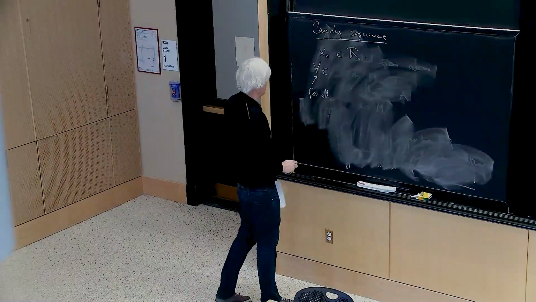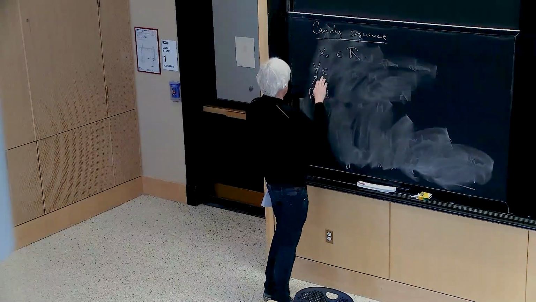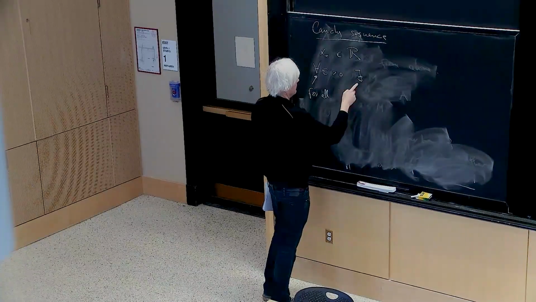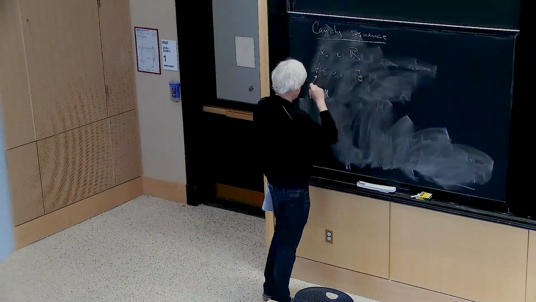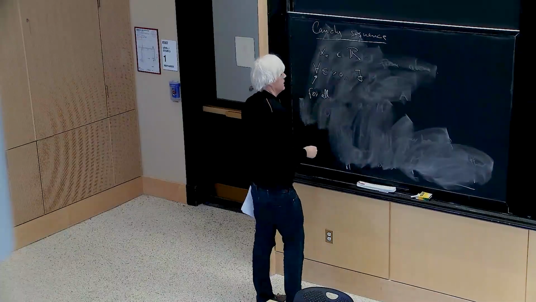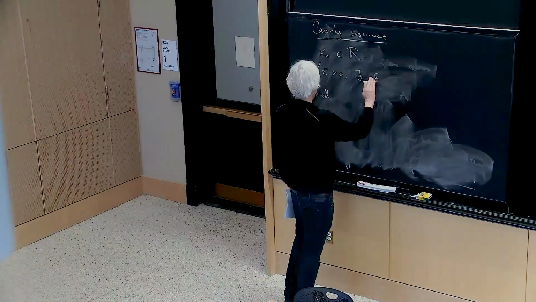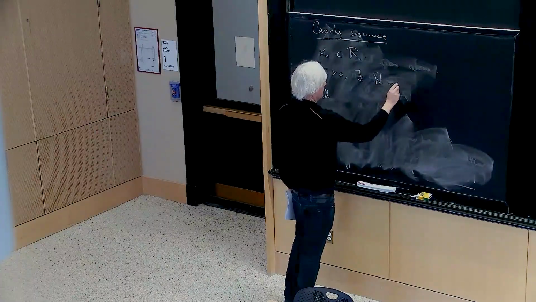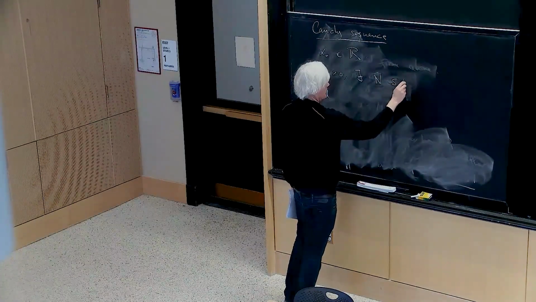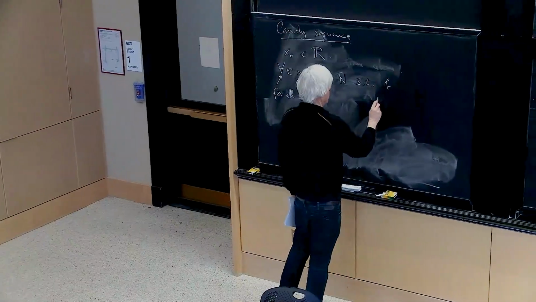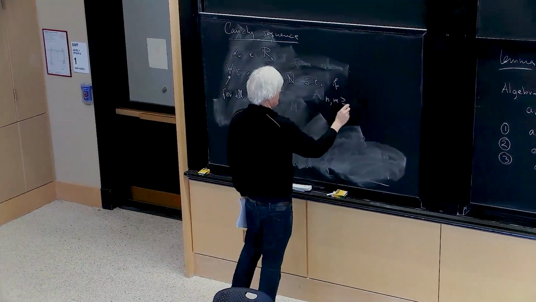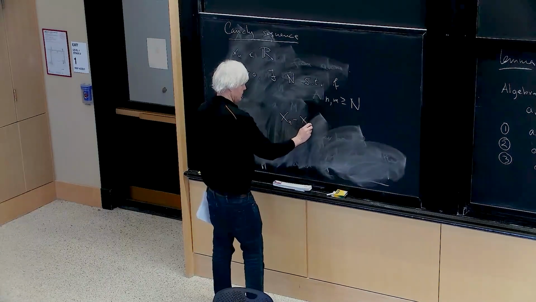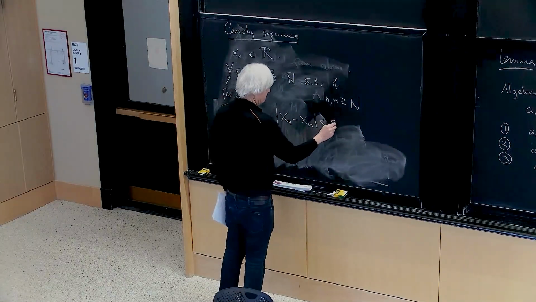For all epsilon greater than 0, there exists, and the inverted E means there exists, a capital N, such that if little n and little m are bigger than capital N, then those two elements are epsilon close together.